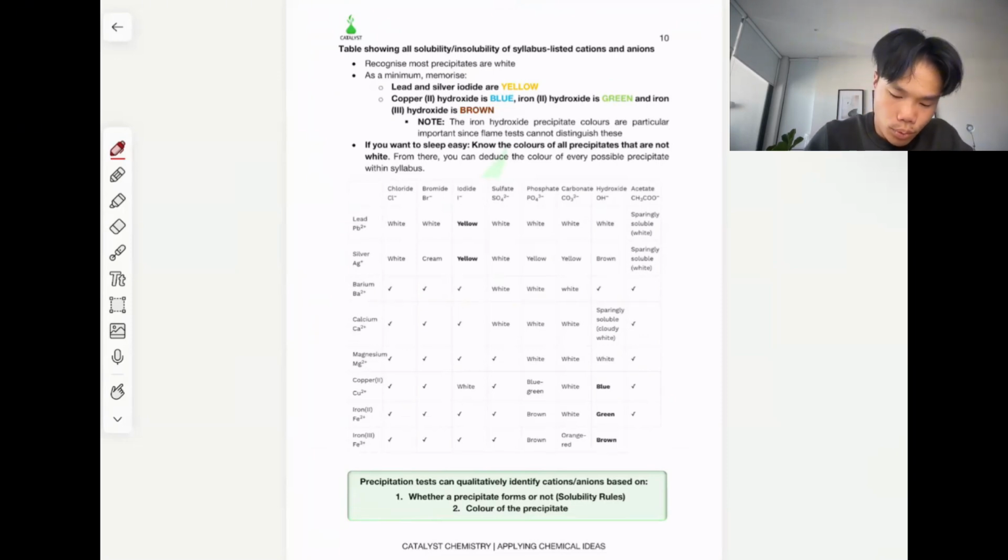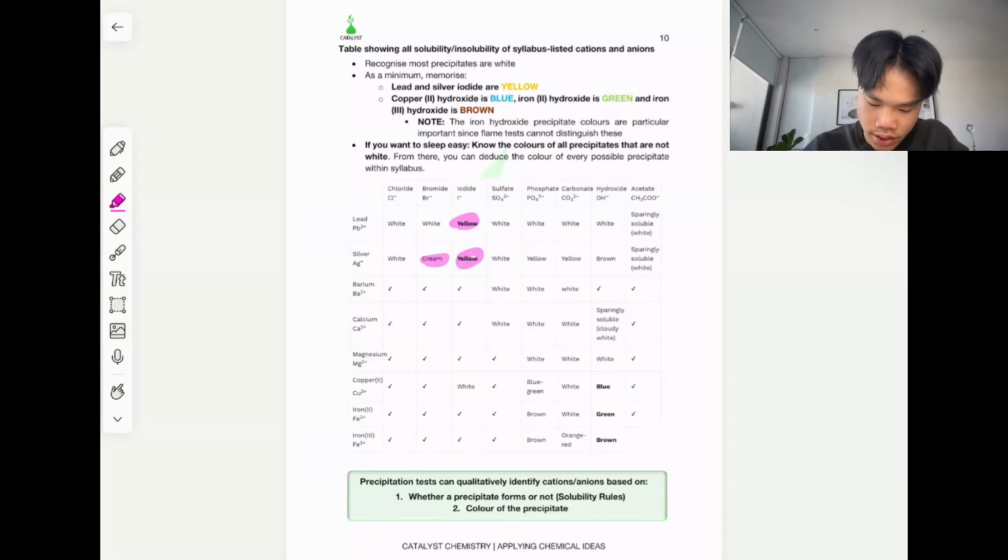The most important ones would be your iodides being yellow with lead and silver, silver bromide being a cream color, sulfates all being white. Phosphates have a few variations, but you rarely precipitate with phosphate. Same with carbonate, because you often remove it as a first step with nitric acid.